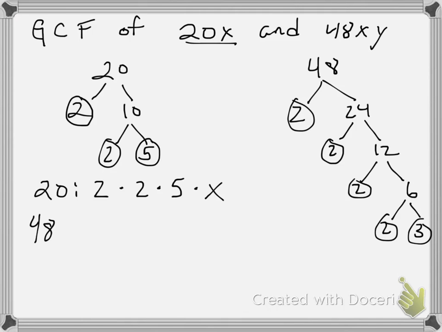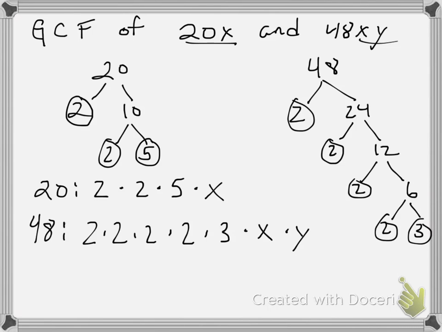So for 48, my prime factorization there is 2 times 2 times 2 times 2 times 3, and then also times x times y. So remember, I had x and y as variables.